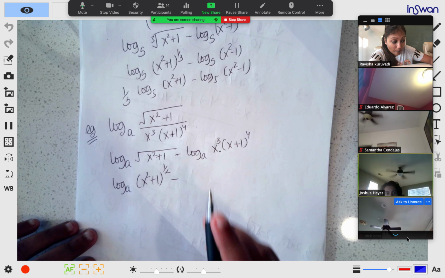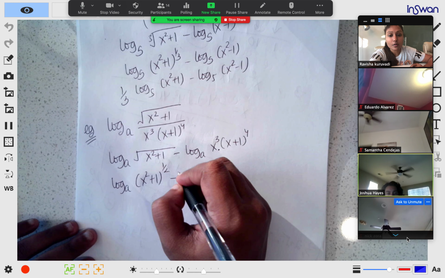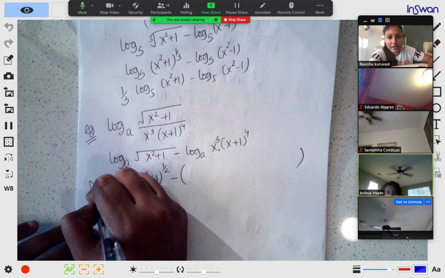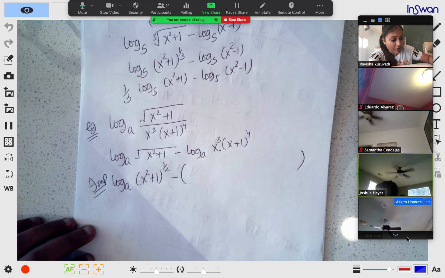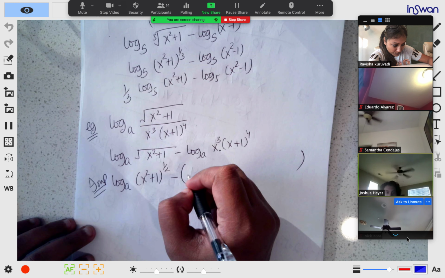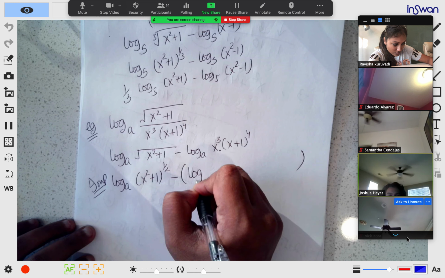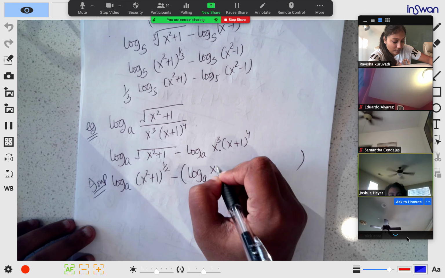But make sure when you are opening after a minus sign, you put a bracket. Very important step here. If you're trying to expand after a negative sign, make sure you put in a bracket. What does it become, Joshua? Log a x cubed plus log a x plus 1 to the power of 4.